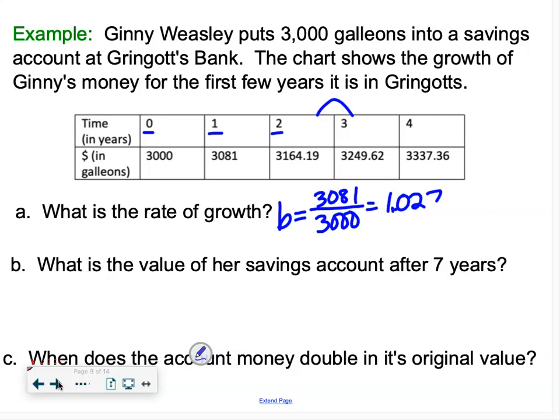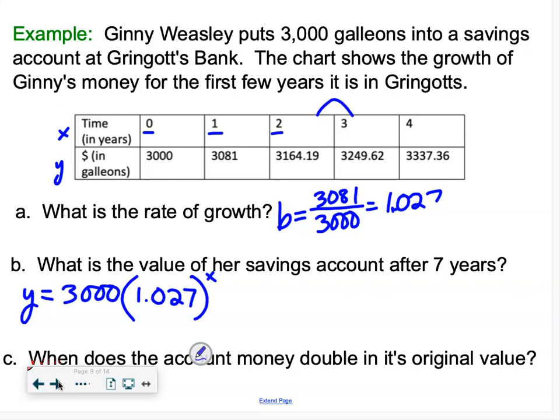So the value after 7 years, let's write our equation. So our dollar amount, we didn't give variables. I'm going to call that x and that y. So our y equals our initial value times our growth rate raised to the x, raised to the time.